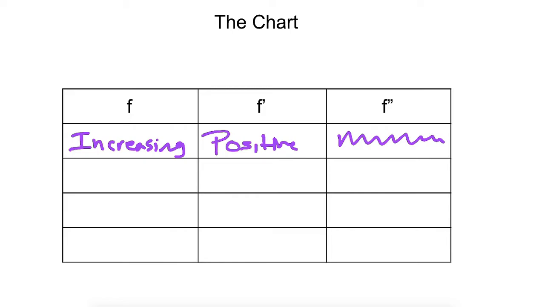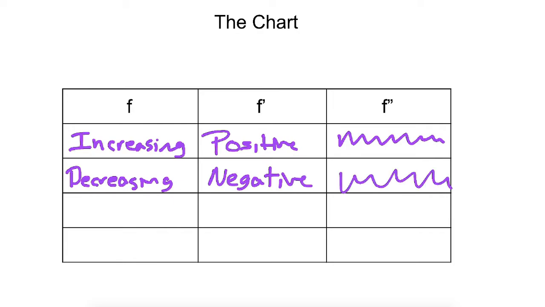If f is decreasing, then f prime is negative. Okay, we don't get anything about f double prime in that case.